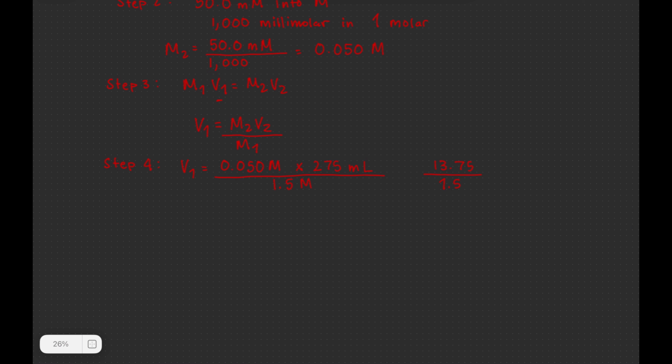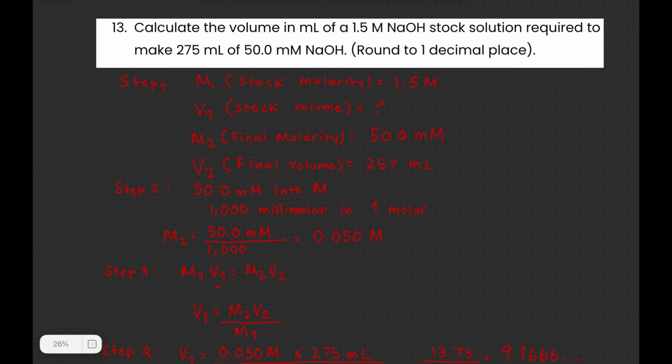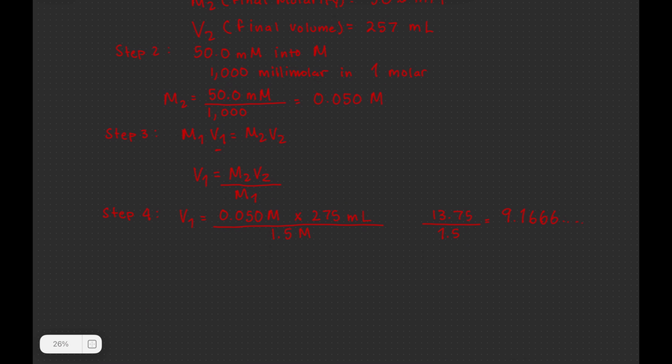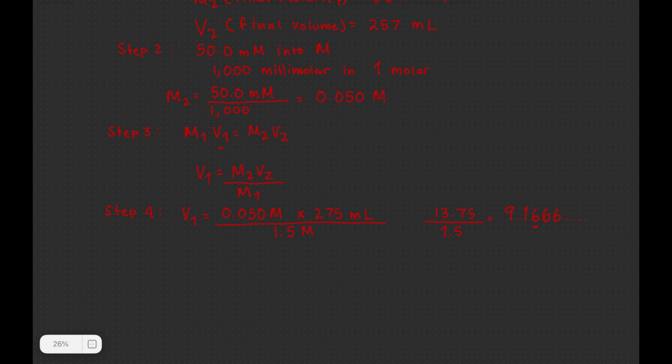And that's going to give us somewhere around 9.1666 continuing. So the problem asks us, if we come back to the problem, to round to 1 decimal place. So the second decimal place is a 6, so we're going to round up, and our final answer is going to be 9.2 milliliters.